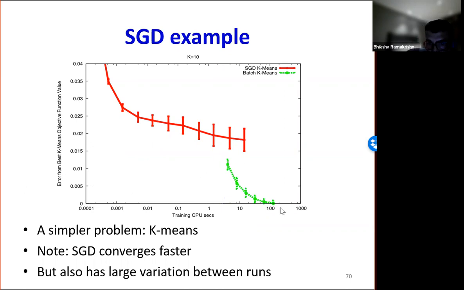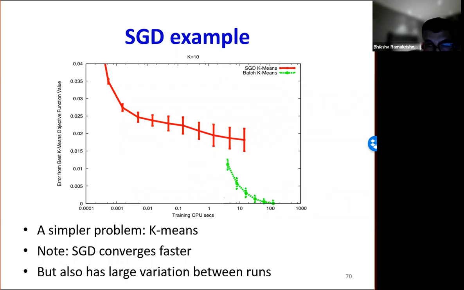Whereas over here, you're performing a batch update on a whole lot of samples, and so the variance is going to be much smaller. So here we have this thing, right? Doing batch updates is much slower, but then the variance is smaller and I get a lower error. Doing SGD is much faster, but then it comes to a crappier solution and the variance is much larger.